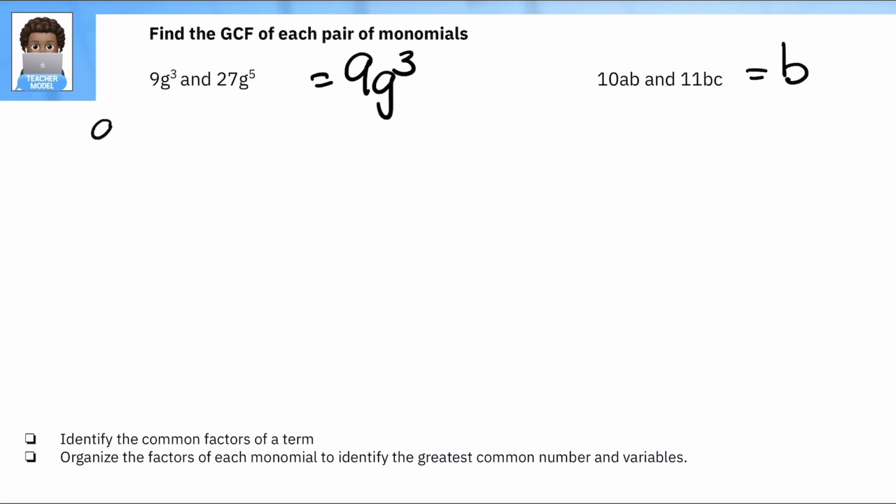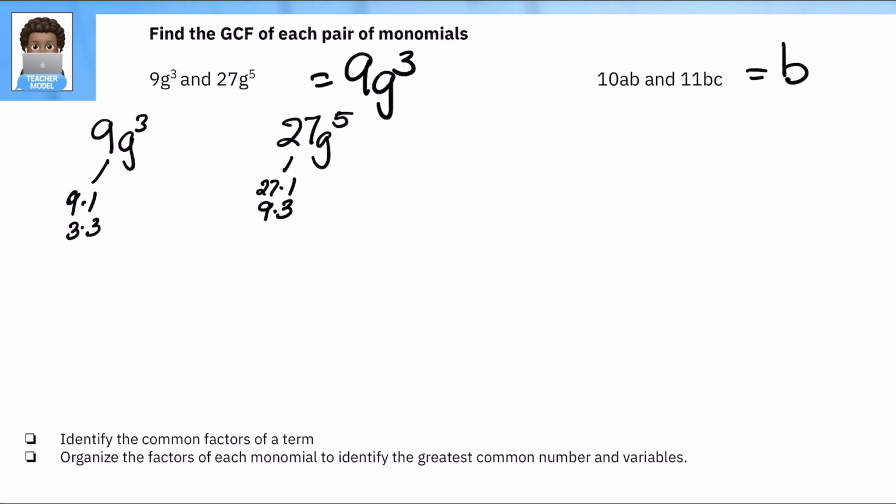I'm going to start with 9g to the third and 27g to the fifth. So for 9 and 27, I'm just listing factors out first. For 9, 1 times 9 and 3 times 3. And for 27, 27 times 1, and 9 times 3. So just looking at the list, what do they have in common?